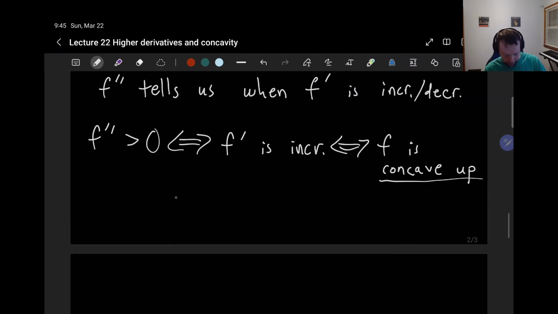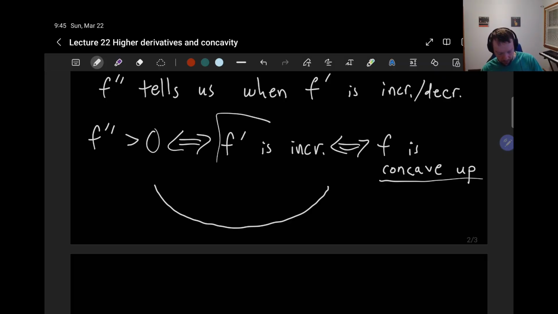So what that looks like, just a rough demonstration, it means that on that open interval, your function will have this shape that kind of looks like x squared, where it's opening upward. So this is concave up.